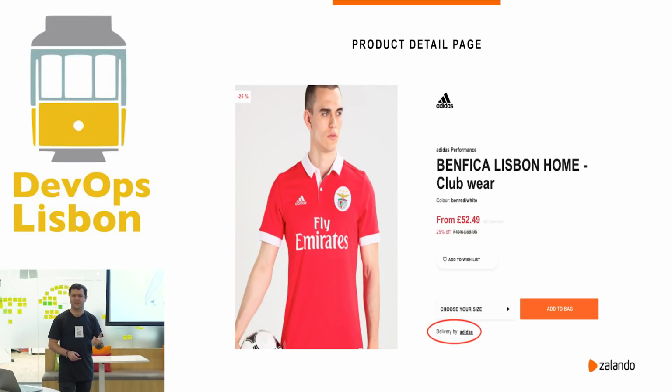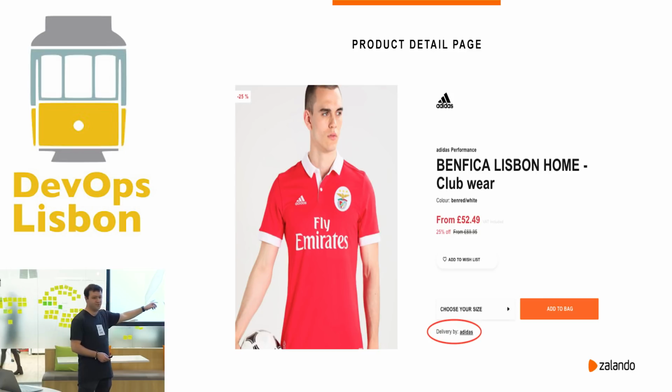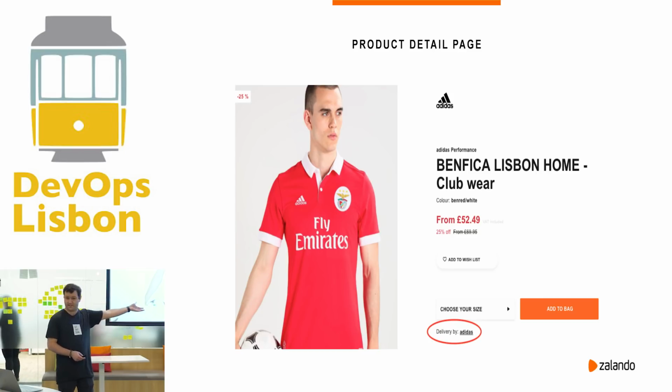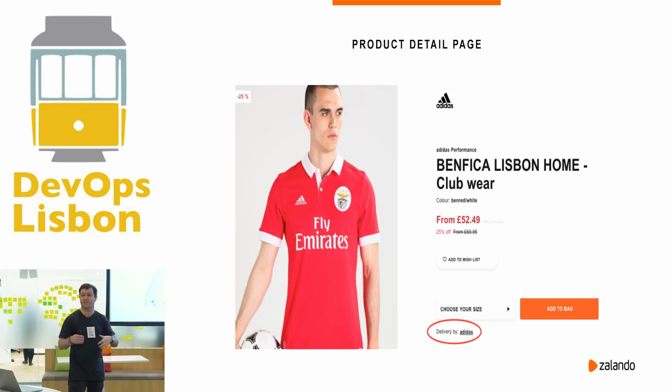It's fair to assume that this website, when it was composing this page, made a bunch of calls to different systems. And for the sake of the example of this fake website, it called a fake API of some partners that returns the name of the partner, Adidas, and the URL for a catalog page for that partner, for example, a fake catalog page.